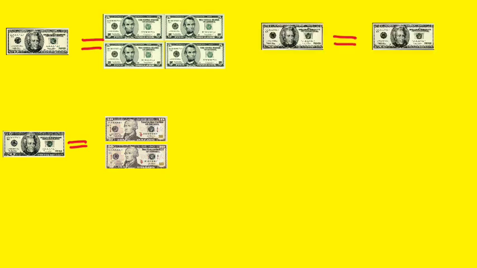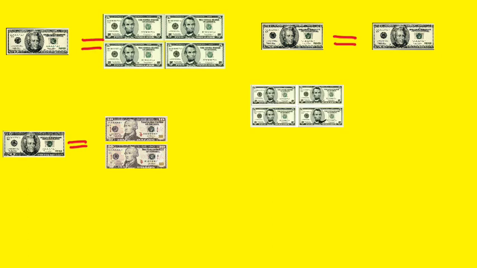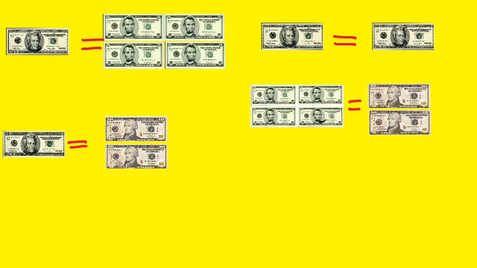That means I know that $20 equals $20. And I could substitute any value for that $20. Like I could substitute 4 5s and that would be equal to 2 10s, correct? Even though they look totally different, because I know their value.